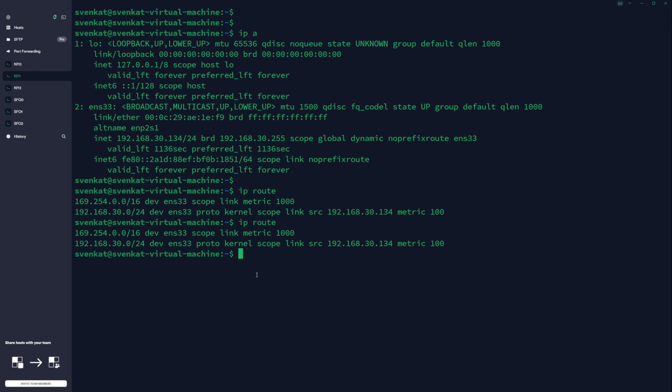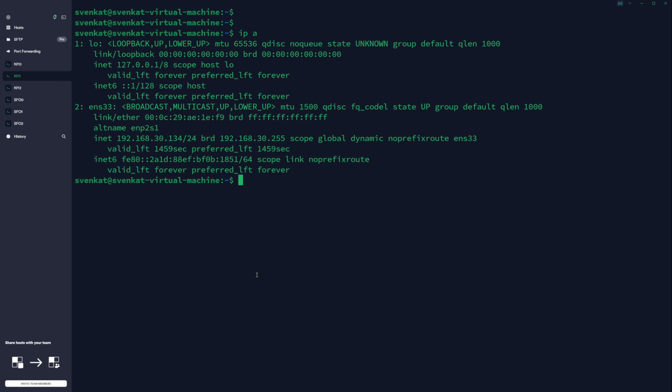Let us go to New York 1. There is only one network interface on it. Its IP address is 192.168.30.134 because New York is the 30 network. Let's look at the route. There is only one route in it. That means this computer can talk only to other computers on the New York network.